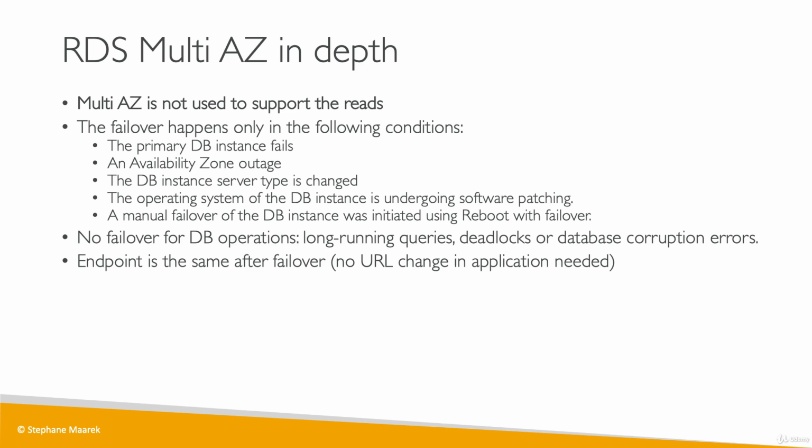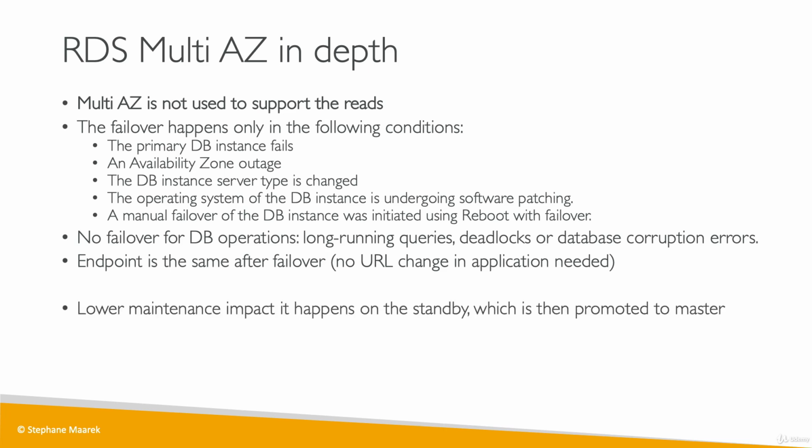They should just have some logic to reconnect to the database if they lose connectivity. Now, why would we use multi-AZ on top of fault tolerance? Some questions ask, I want to lower the maintenance impact, so I want to make sure that whenever maintenance happens, it takes less time. You can use multi-AZ to reduce that, because if Amazon does maintenance on your database, it will do it on the standby first. When the standby has been upgraded, it will then be promoted to the master.